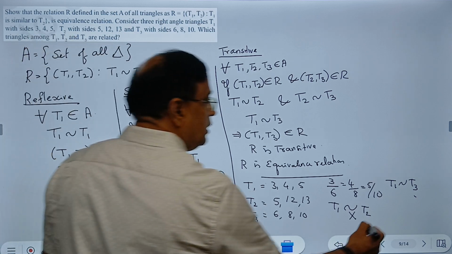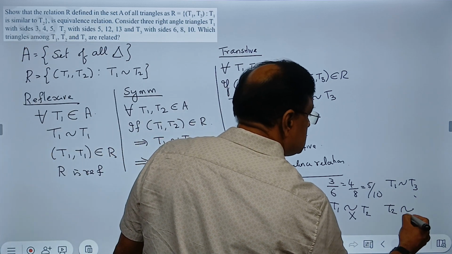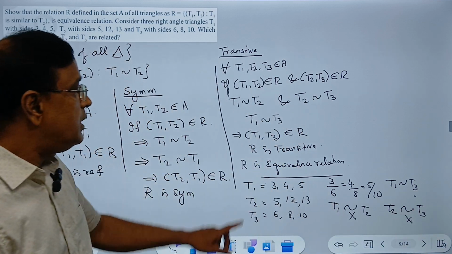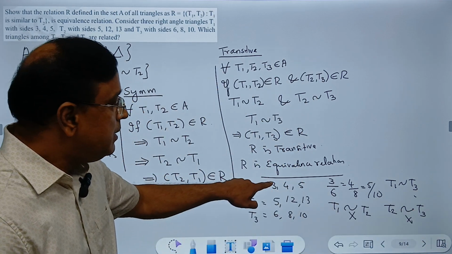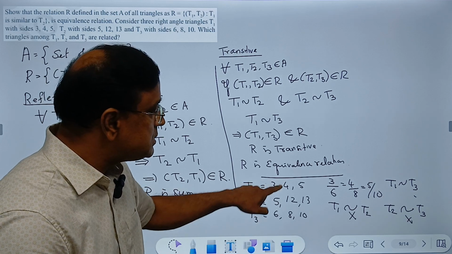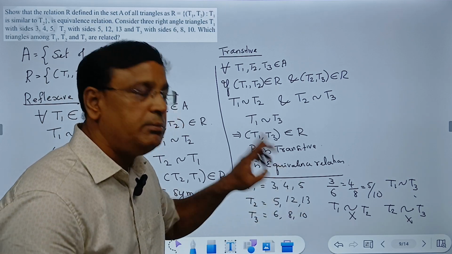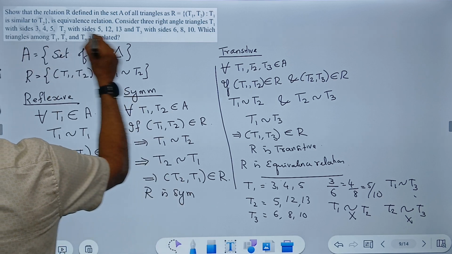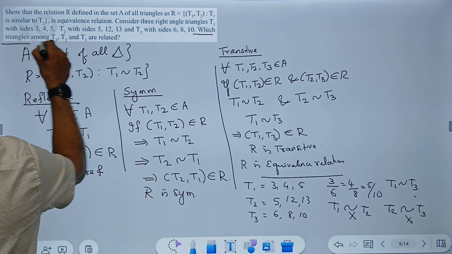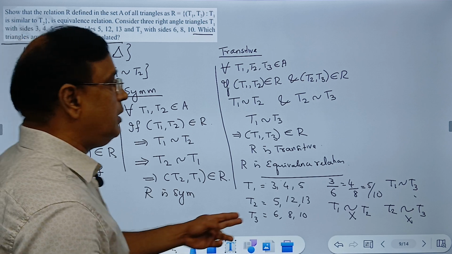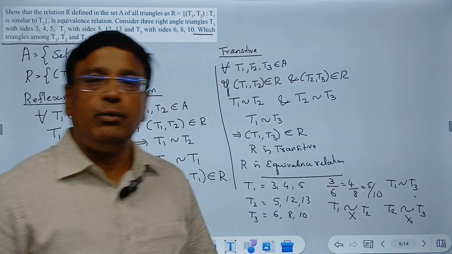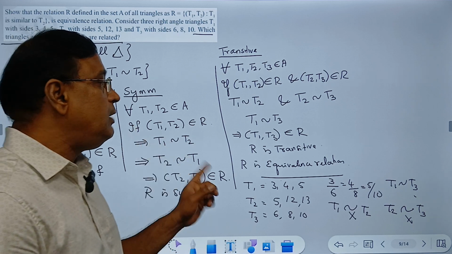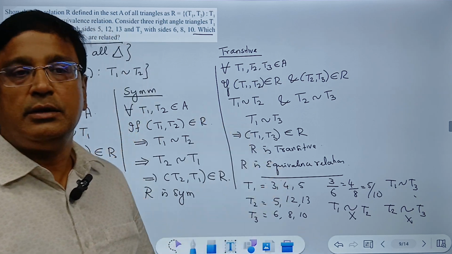And triangle 2 is not similar to triangle 3 because the sides are not proportional. Whereas if you take T1 and T3, the sides are proportional. So that's the last part of the question. Which triangles among them are related? T1 and T3 are related. T1 and T2 are not related. T2 and T3 are not related. But T1 and T3 are related. Is that clear?